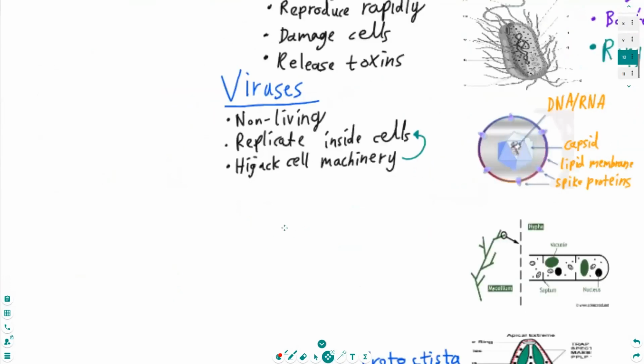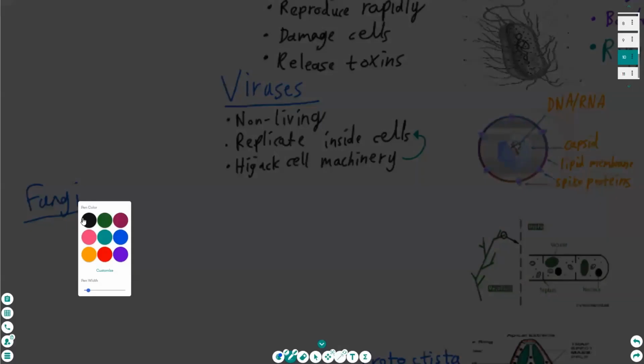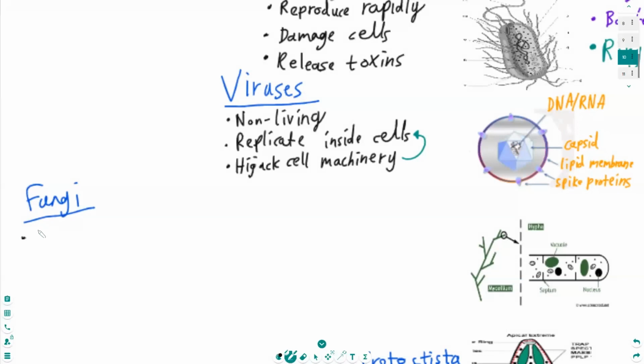Now fungi. I'm going to write all the way over here because there's a lot to learn about fungi. Fungi are eukaryotic cells. They can cause a variety of diseases in both plants and animals, and there are common fungal infections where the fungus lives inside the skin of an animal.